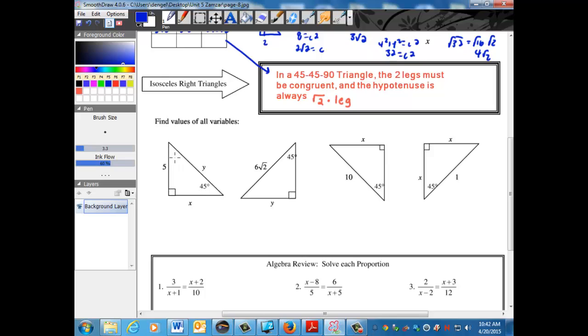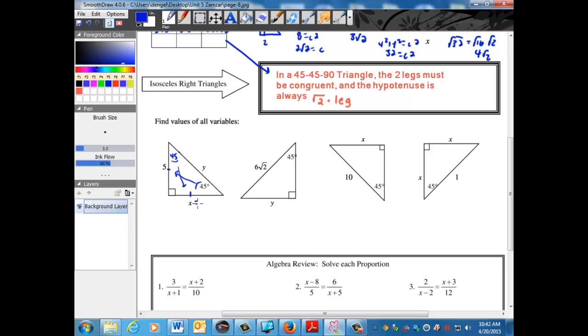If this angle is 45 and this angle is 45, I know that these two sides are the same because these two angles are the same. The sides opposite the 45-degree angles will always be the same in a right isosceles triangle.